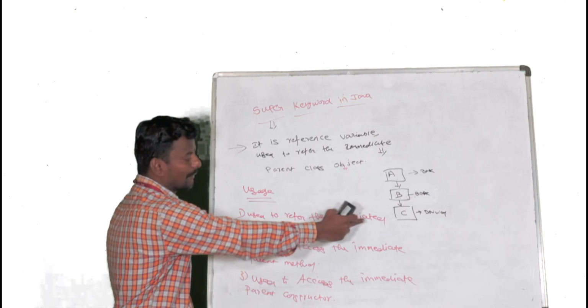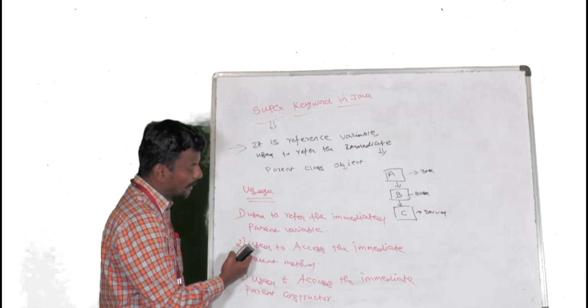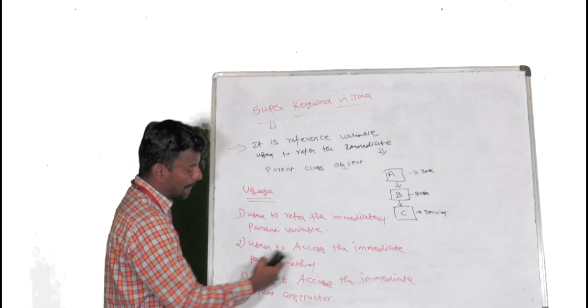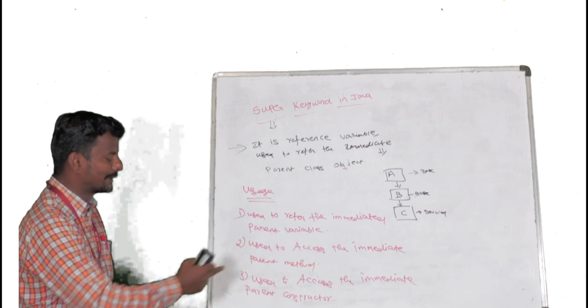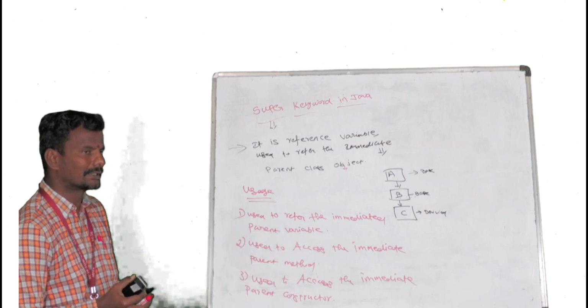So how to refer the immediate parent class variable, how to access the immediate parent class method, and how to access the immediate parent class constructor also. You'll see one by one. Okay.